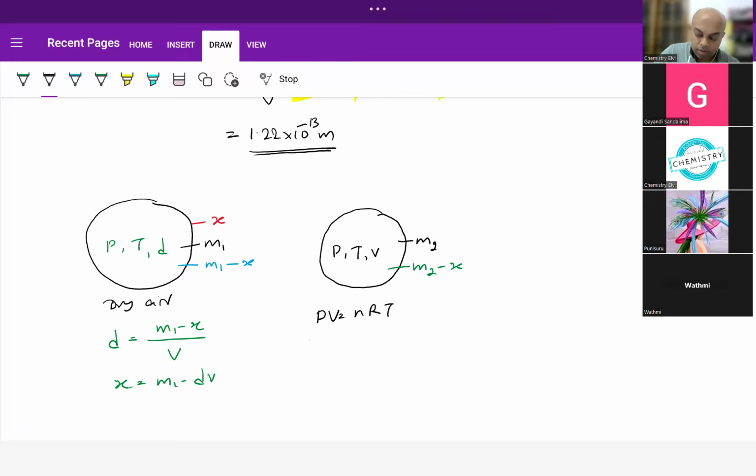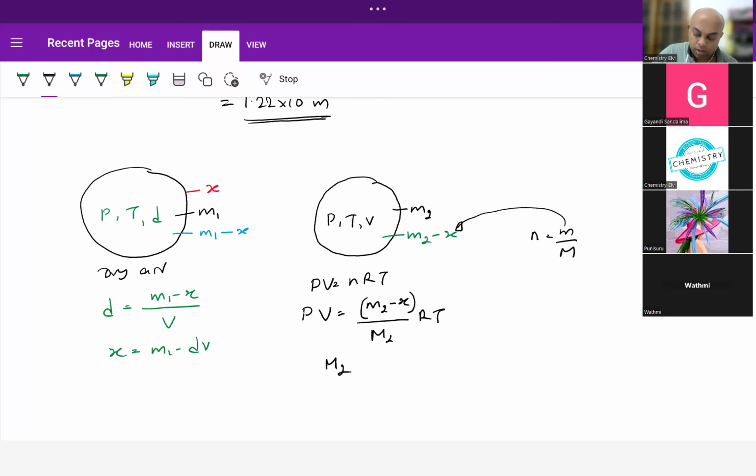So pressure, volume, and n I can write as the mass of the gas, M2 minus X, divided by capital M2, the molecular mass of X. n is equal to m divided by capital M. This is because we are applying PV equals nRT to the gas, not to the container.